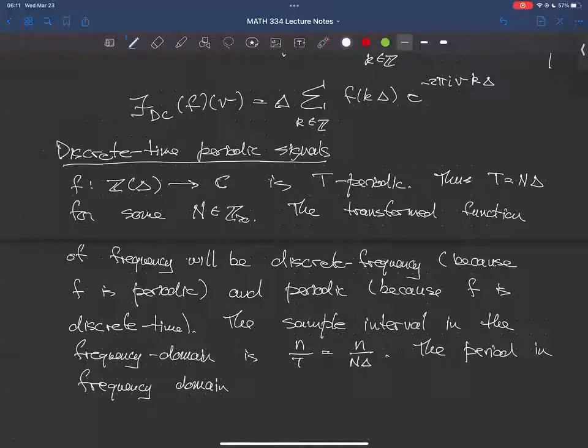So the period in the frequency domain is 1 over delta. So it's discrete frequency signals with this sampling interval. Sorry, I didn't mean to have the N there. So they're discrete frequency variables, discrete frequency signals with this sampling interval, and they're periodic with this period.